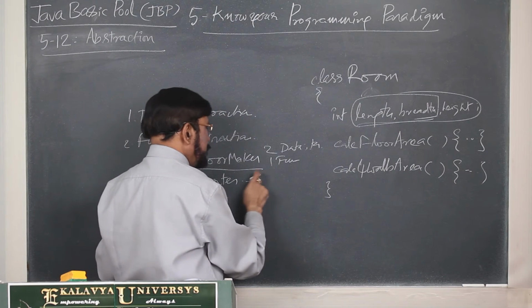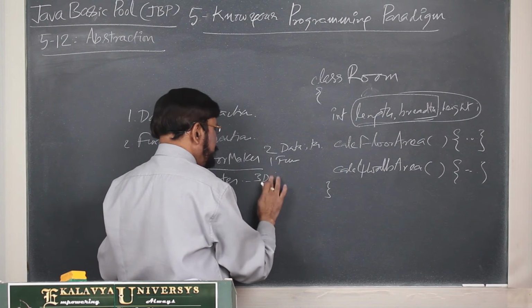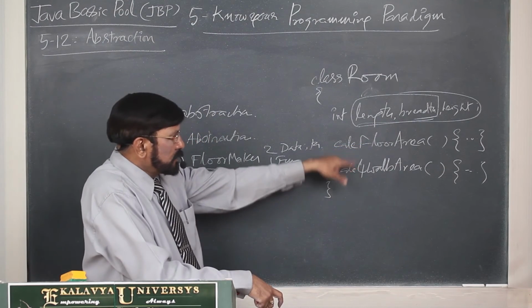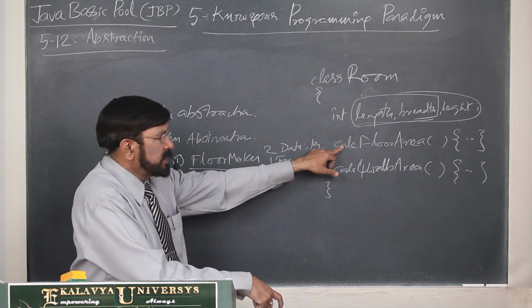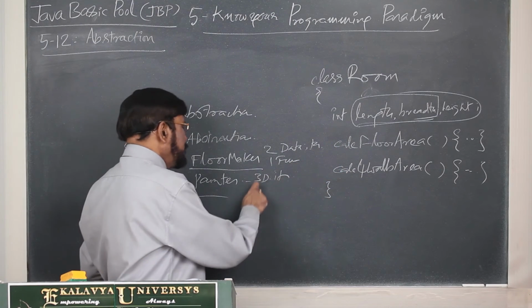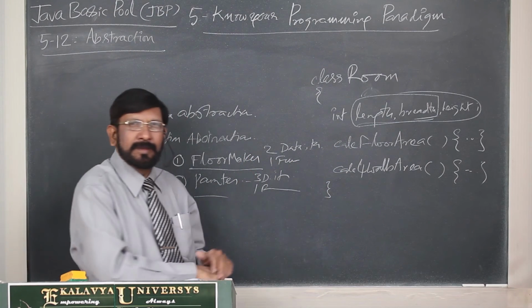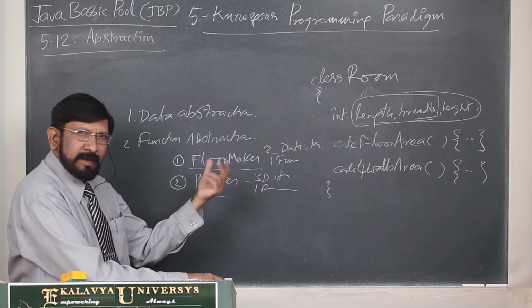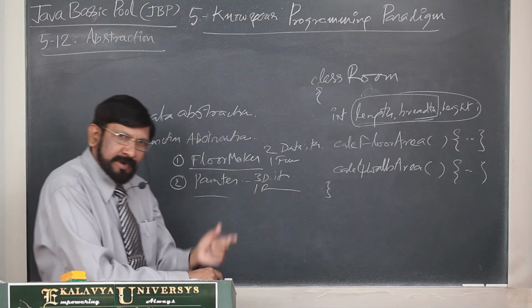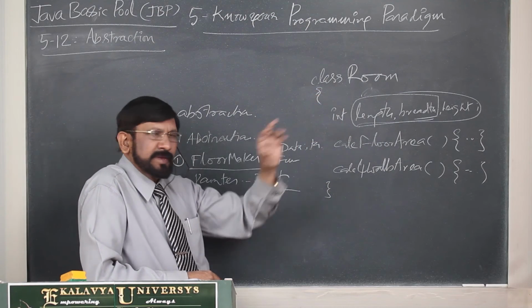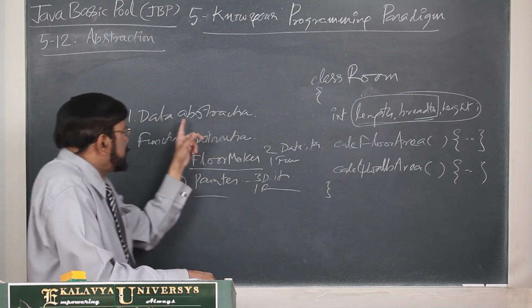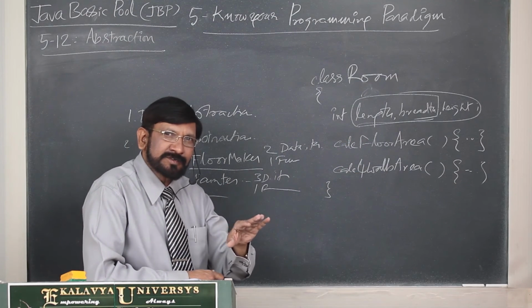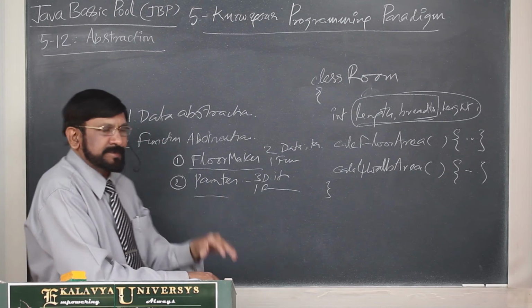So for the painter, 3 data items are required, and as far as functions, out of 2, floor area is not required, four walls area is required, one function is required. Now what is your behavior? Depending on the client or depending on the task, you are choosing a set of data items, that is called data abstraction. You are choosing a set of functions, not all functions, that is function abstraction.